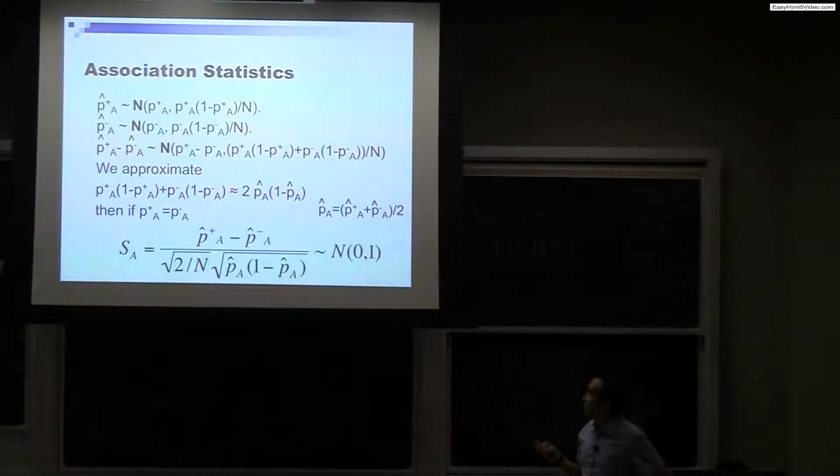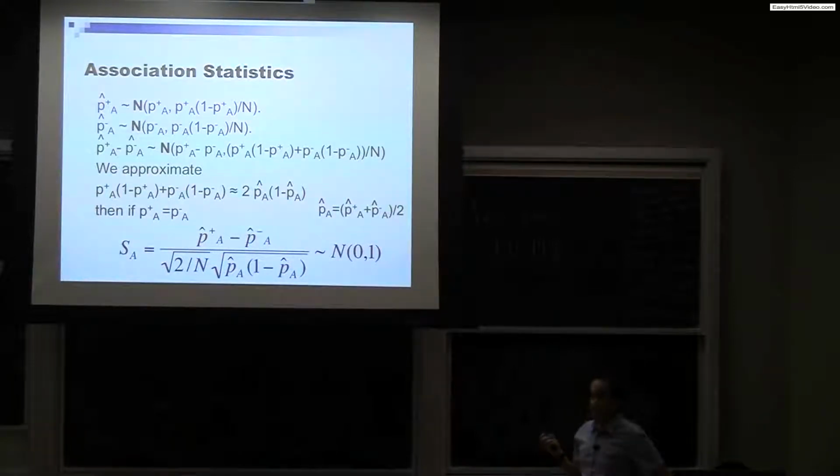And I'm going to say that this is approximately equal to that, okay? And then if these are equal, this statistic is going to be normally distributed with mean 0 and variance 1, okay?